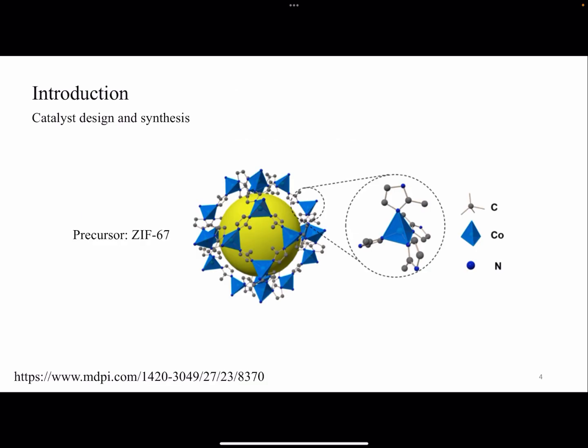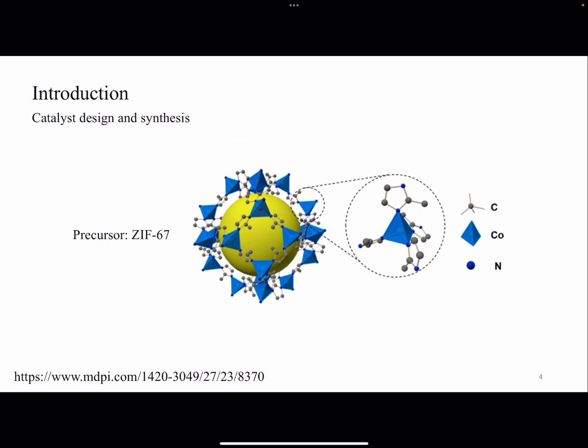And to solve this, the researchers used ZIF67 as a precursor. ZIF67 is a type of zeolitic imidazolate framework that provides a porous structure and homogeneously dispersed cobalt species.